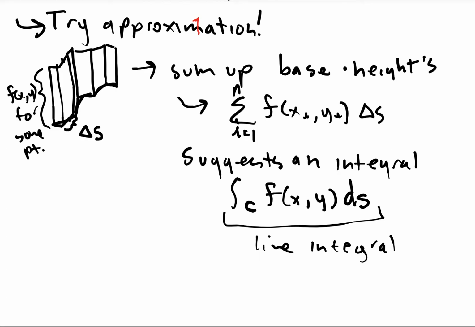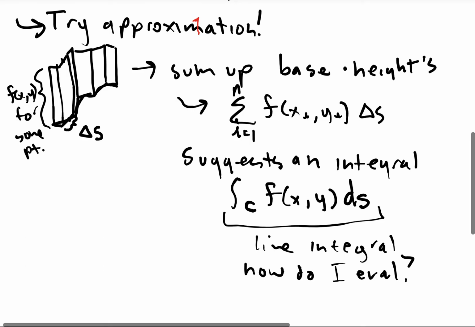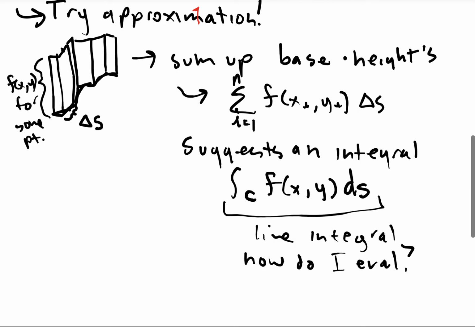How do I compute this? How do I actually turn this into something that I can evaluate? Evaluating this integral is going to be kind of similar to a lot of the integrals that we've done before.